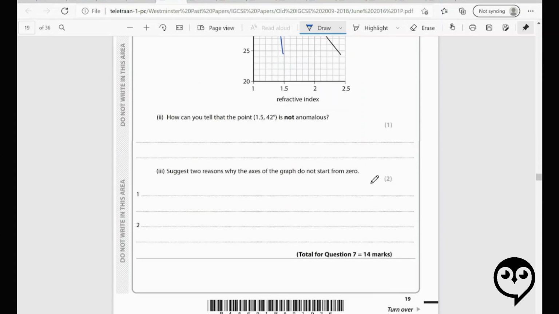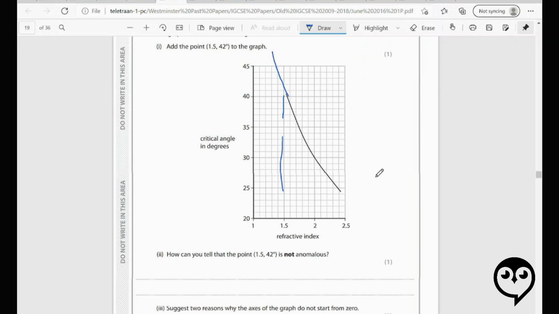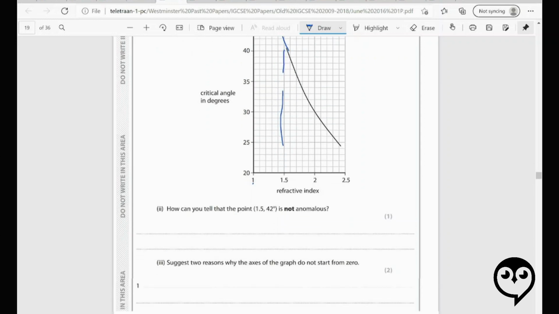Okay, suggest 2 reasons why these axes of the graph do not start from 0. Well, generally, refractive indices are 1 or larger. Okay, so we could say refractive indexes are 1 or larger, not below 1.